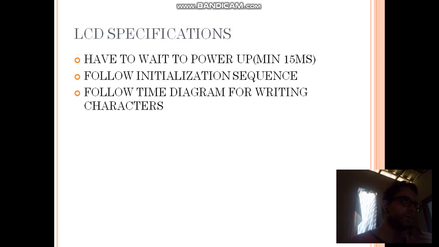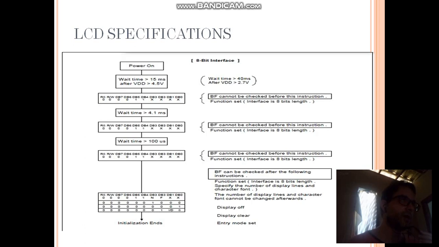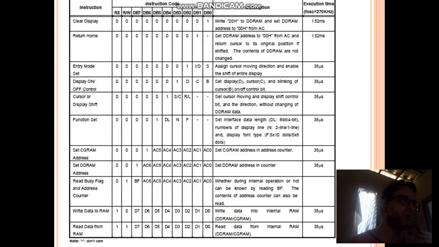The LCD specifications say that we have to wait for power up for a minimum of 15 milliseconds, followed by an initialization sequence, and then we have to write the characters. Here we have the initialization process. Here we have the orders, the commands to the LCD.